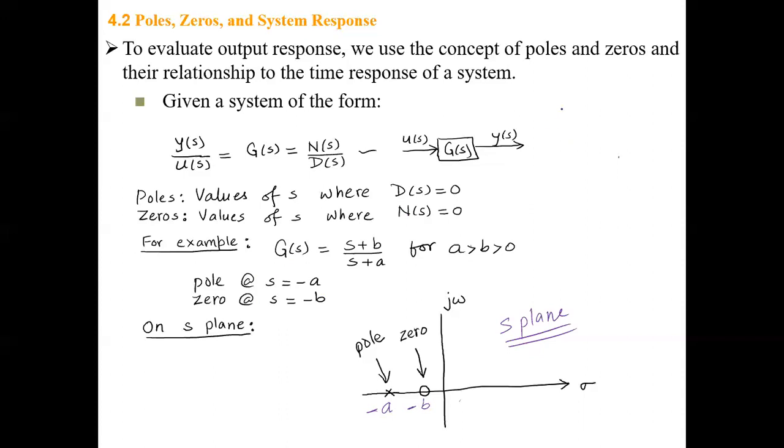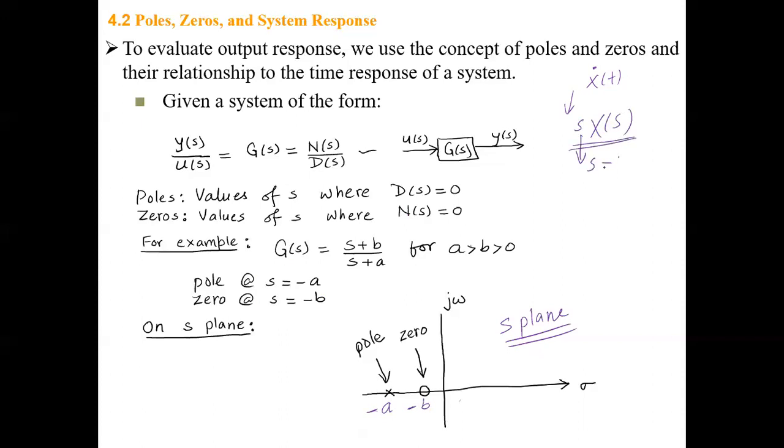So I have to go from here. We know what S is, right? S is the parameter in S space. If you have x dot of t and you take the Laplace transform, you get S times X of s. So what is this S?